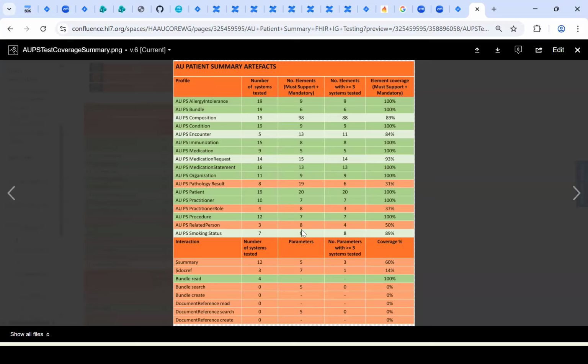And the last one is related person, where we just, again, aren't seeing everything. I think that's really a use case issue. Some systems can deal with it, but I haven't seen any strong use cases from systems about the inclusion of related persons, either for authoring patient summaries or for having them tracked in some way.